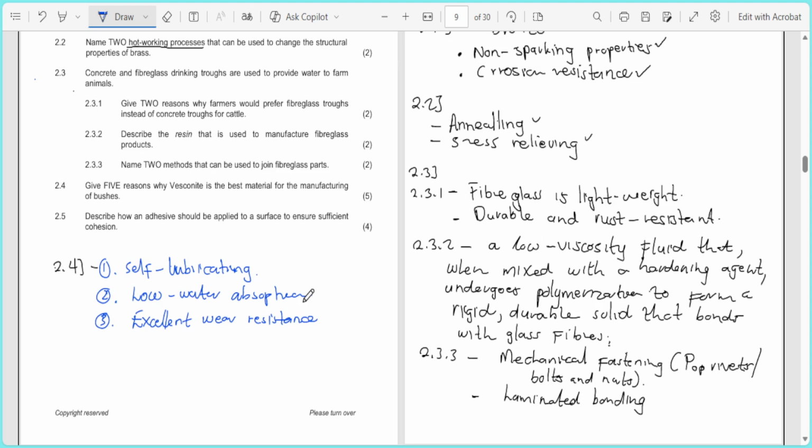So that is why it has excellent wear resistance. In a case where there's soil and sand involved, it is good at withstanding such wear and tear.